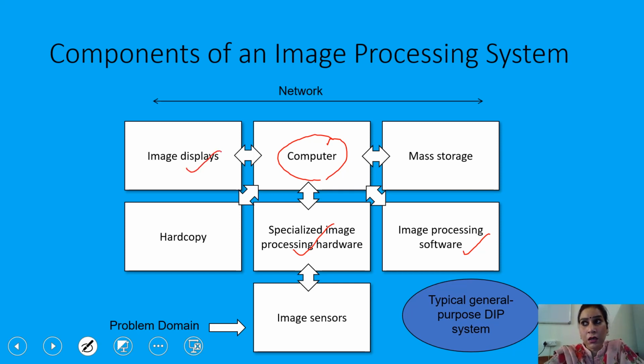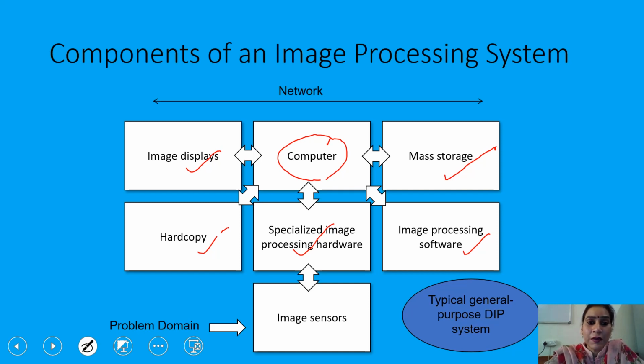The image which we are converting into the digital form, we want to store or transfer to another place, so we need some storage media. This is mass storage where the image is to be stored. Then hard copy, when we need the printout of the output, comes under the hardware.